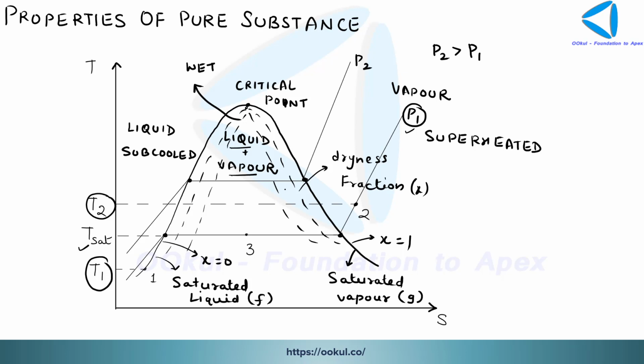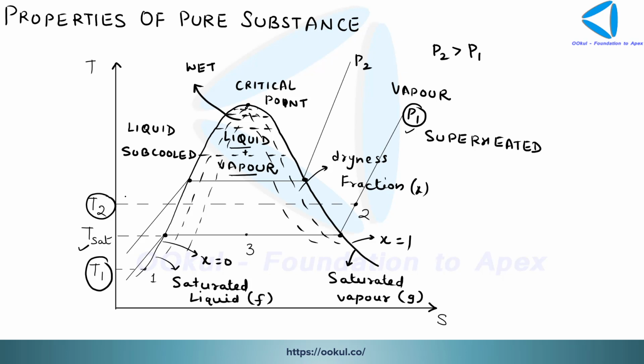As we go on further increasing the pressure, we will reach such a position that the enthalpy of vaporization will decrease so much that without the conversion of liquid into the mixture, it will directly flash into vapor. Because in all other cases, first there is a complete liquid, then it starts converting into vapor where the liquid and vapor exist in equilibrium in the wet region, and then all the liquid gets converted into vapor gradually and reaches the superheated region.